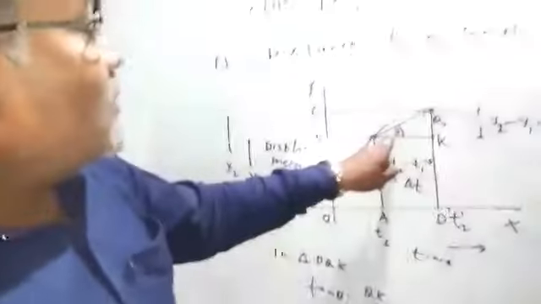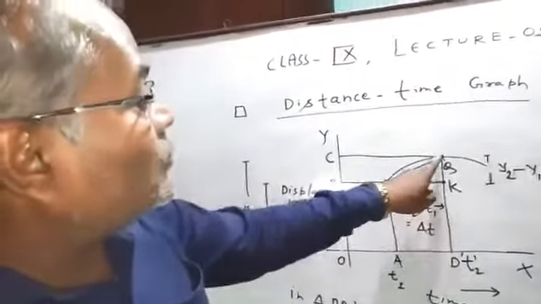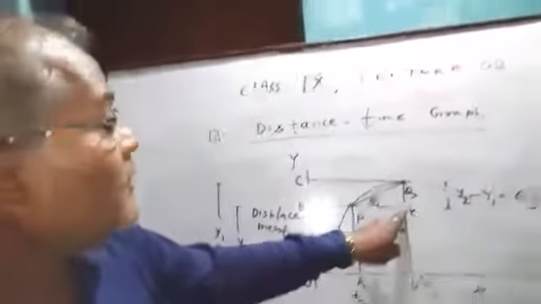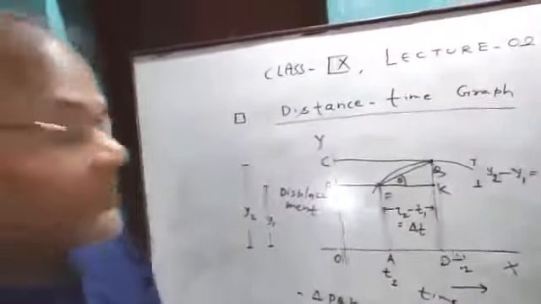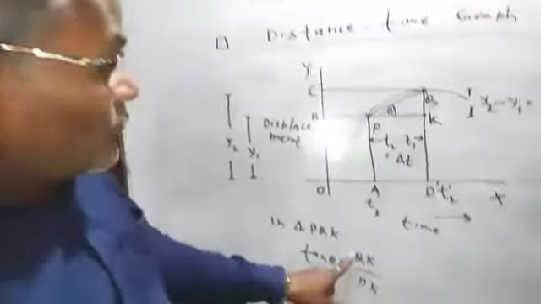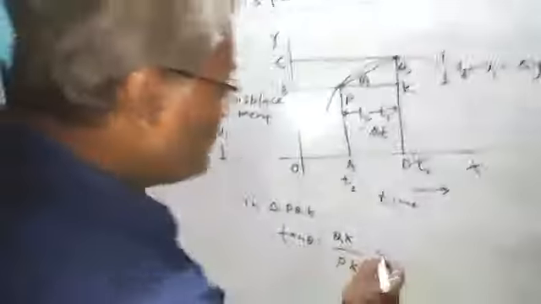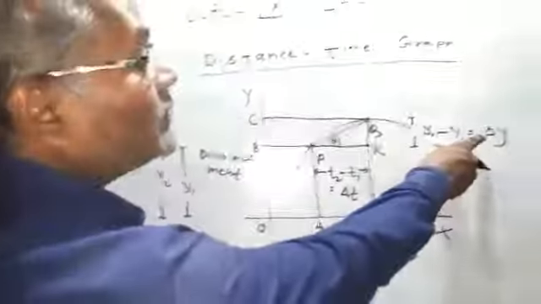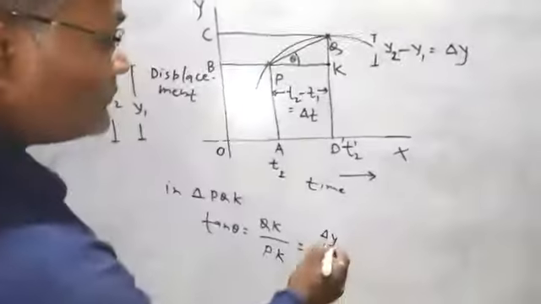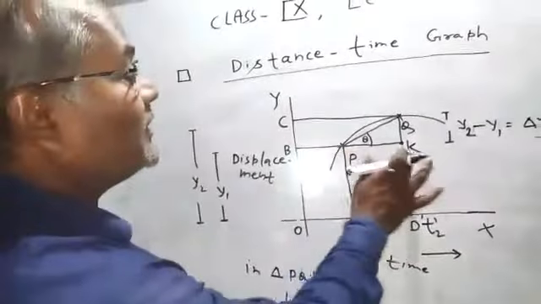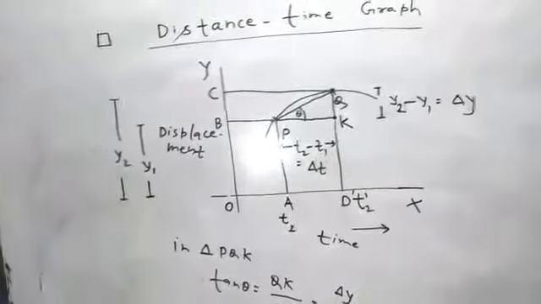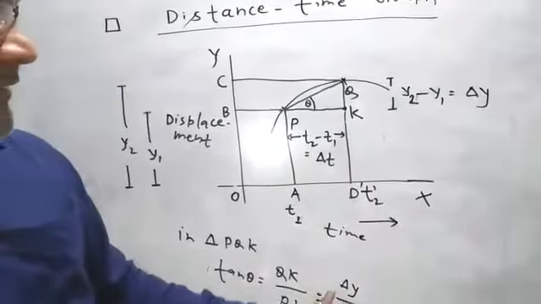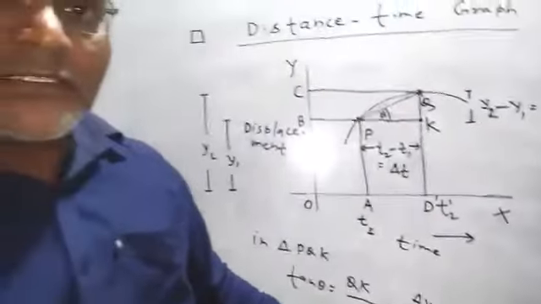QK is the perpendicular with respect to this angle, and PK is the base. So tan theta equals QK upon PK, where QK is delta y and PK is delta t. So tan theta is delta y upon delta t.